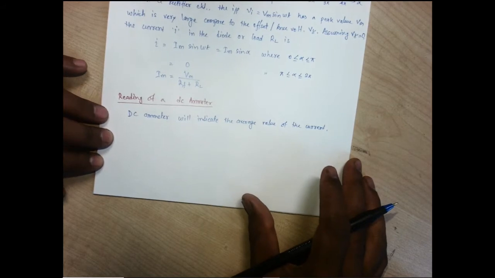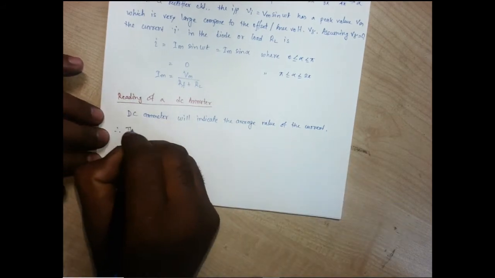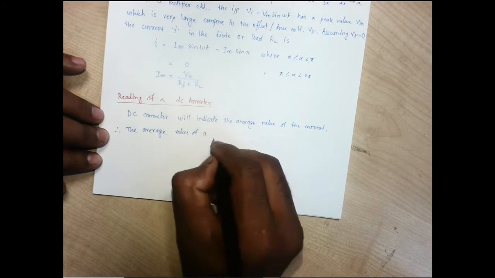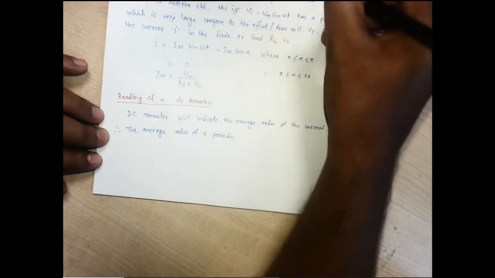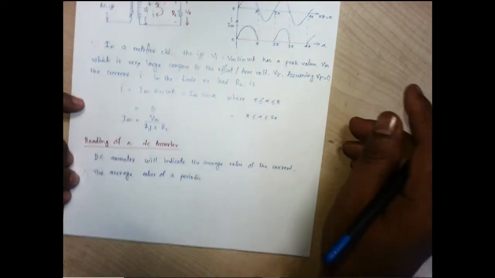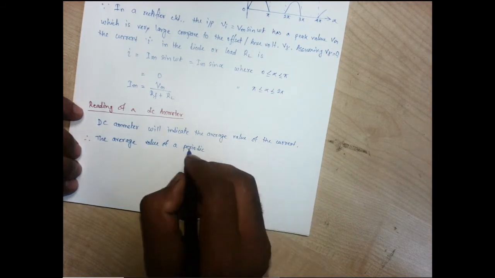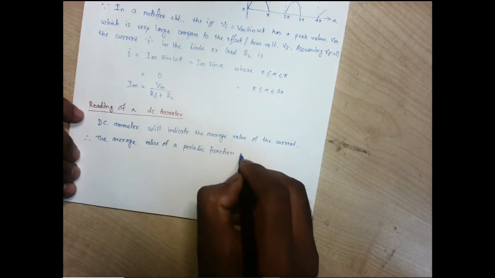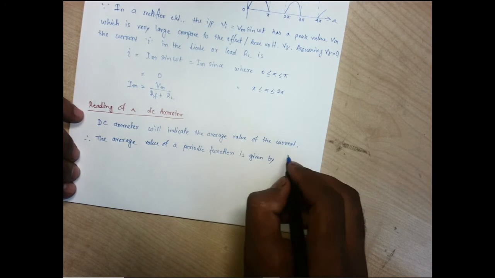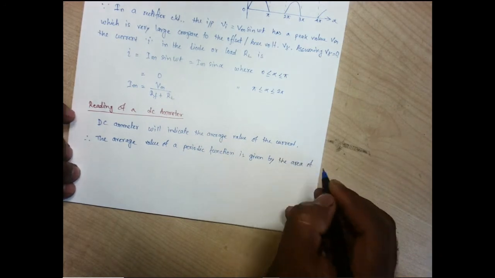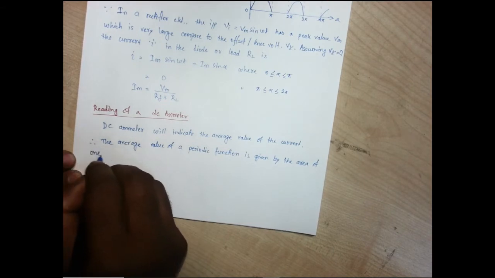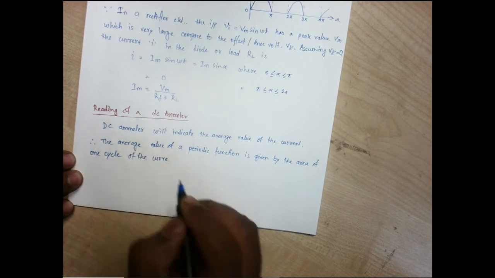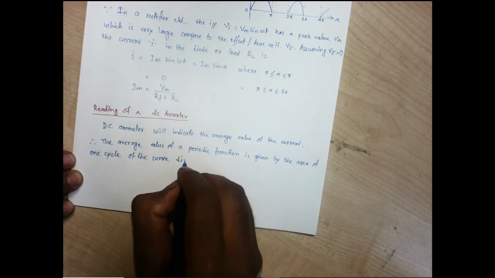So we know how to find out this average value. Therefore, the average value of a periodic function, because this sine signal is a periodic function, is given by the area of one cycle of the curve divided by the base.